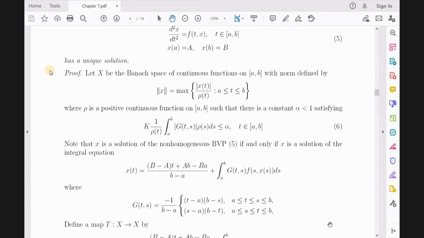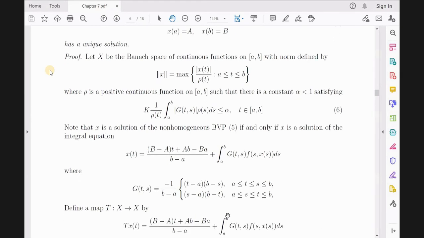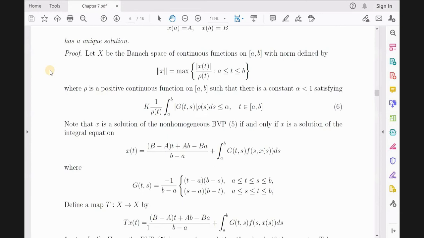Now define a map T from X to X by T of x is (B minus A) over (b minus a) into t plus (aB minus bA) over (b minus a) plus integral from a to b of g(t,s) f(s, x(s)) ds.